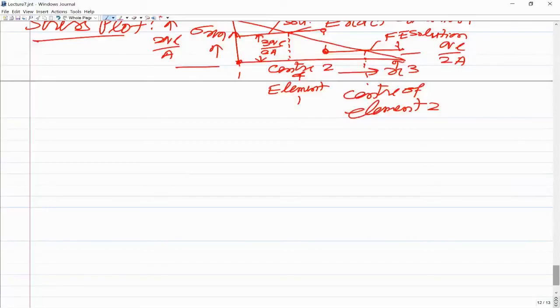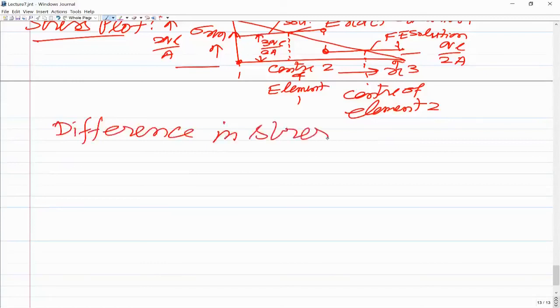So I can say that here the difference in stresses, in the exact solution, because there is no concentrated force at any point, the stresses are continuous. Of course, if there are concentrated forces, then there would be a discontinuity in the exact solution also. But here, although in the exact solution there is no discontinuity, the FE solution is showing the discontinuity.